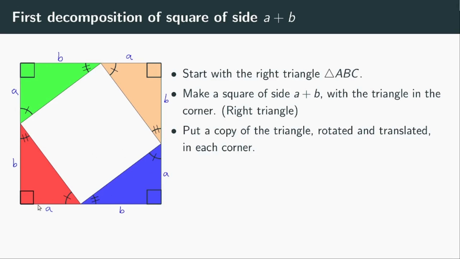I've placed them in a square of side length a plus b. I can do that because of the right angles, which fit snugly into the corners of my square.